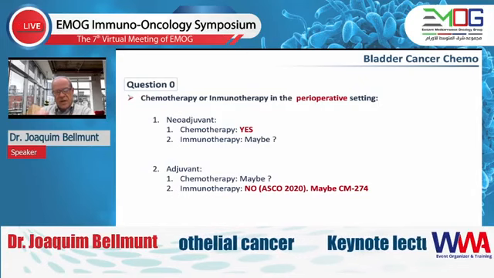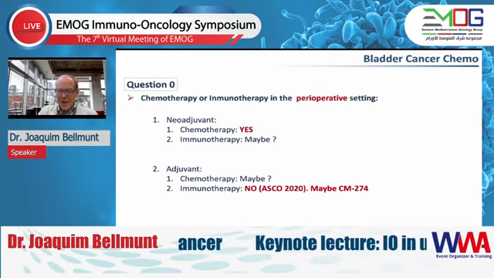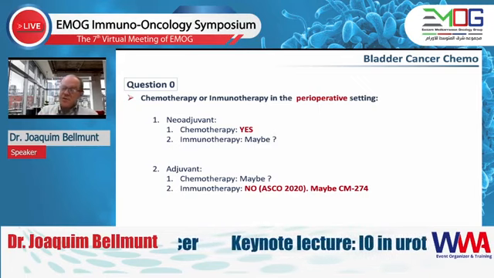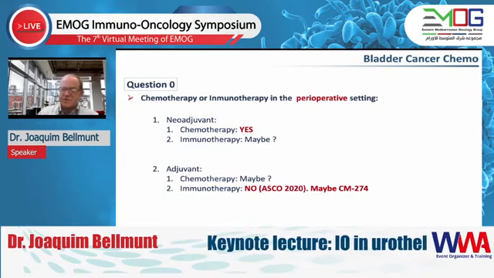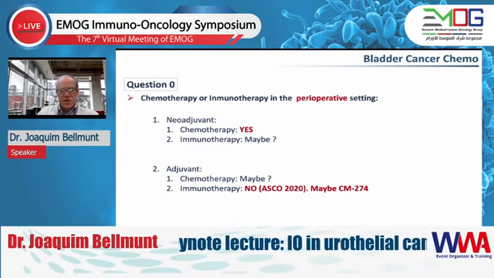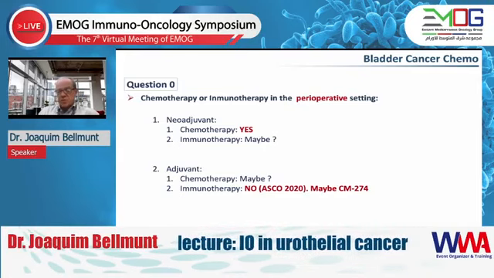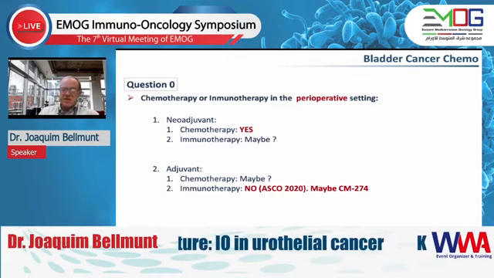So concluding on chemotherapy and immunotherapy in the perioperative setting: neoadjuvant, chemotherapy in patients who are platinum eligible is still the standard. Immunotherapy, interesting data coming from these phase 2 trials, but we need to wait for the future. For adjuvant, chemotherapy still is an option to give to these patients.